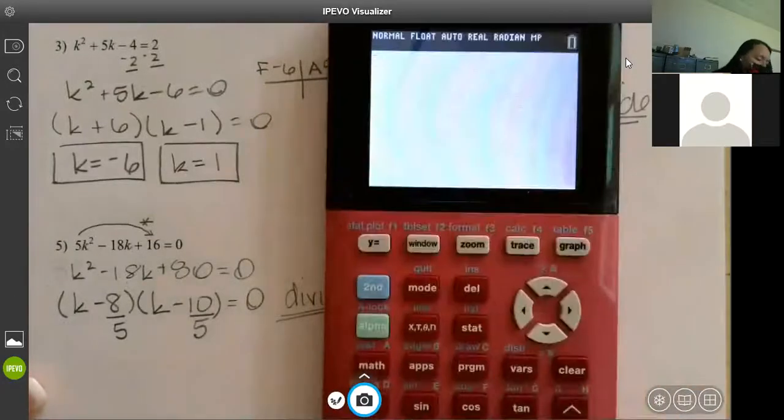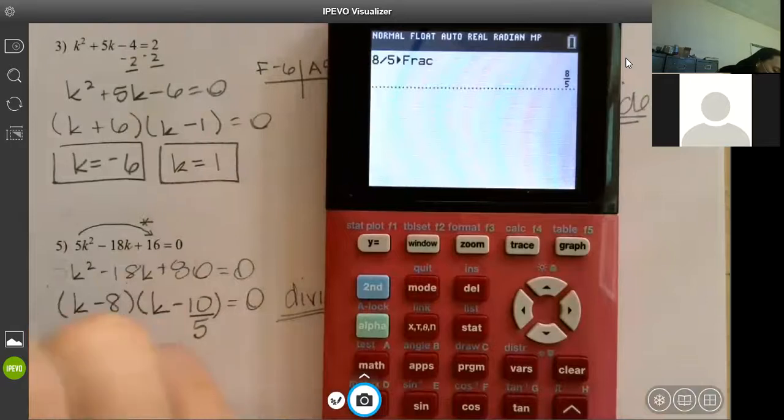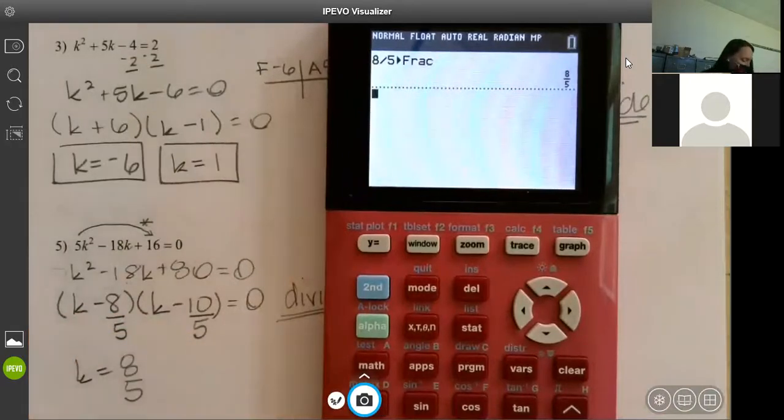So if you get some bigger numbers, I put in 8 divide 5, math, enter, enter, and it still gives me 8 over 5. That means it won't reduce, okay? If you can reduce it, it will. So the first one is going to be positive 8/5.